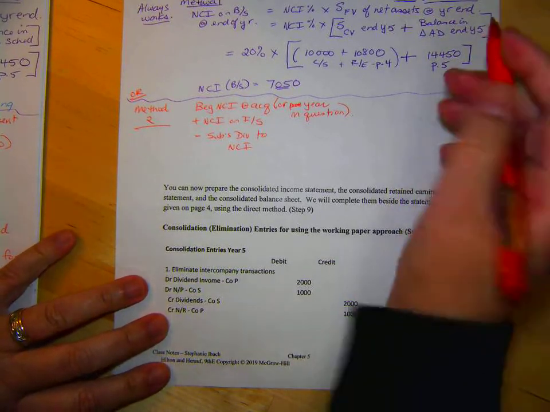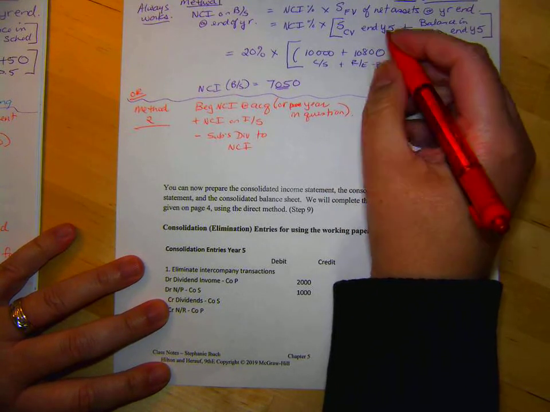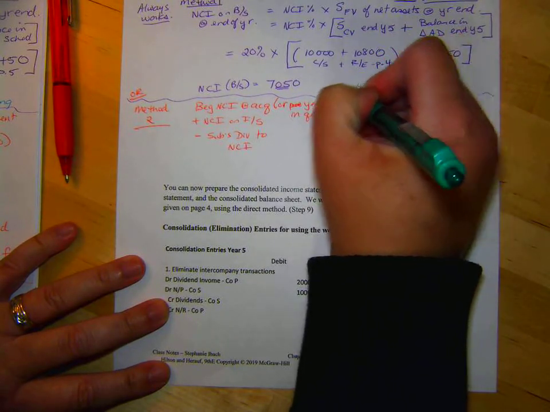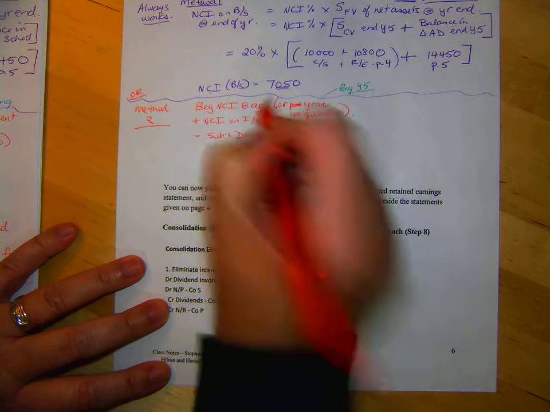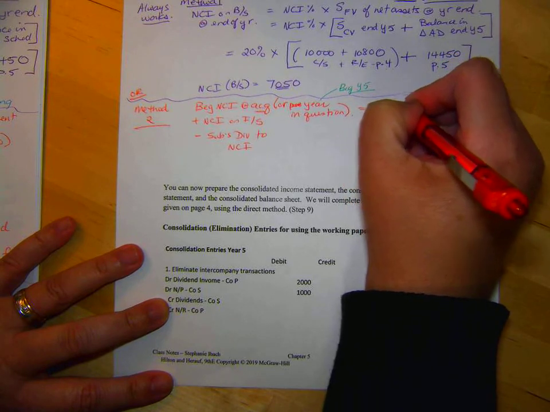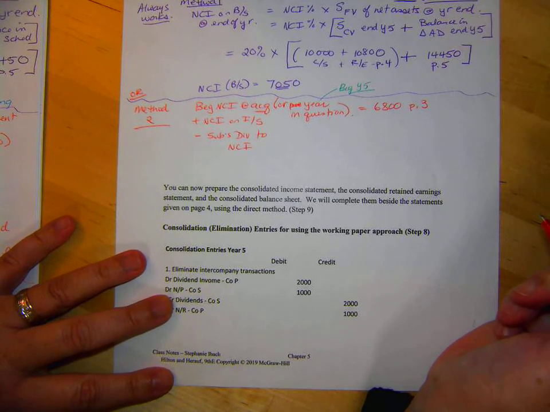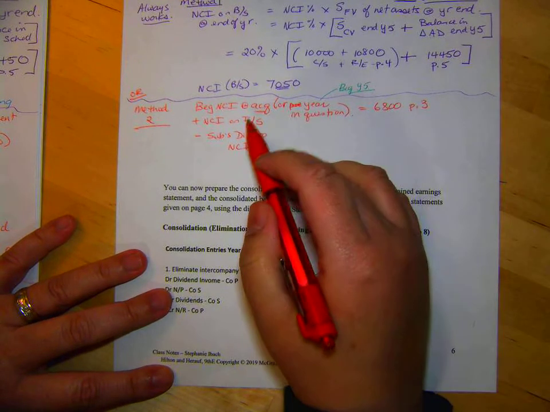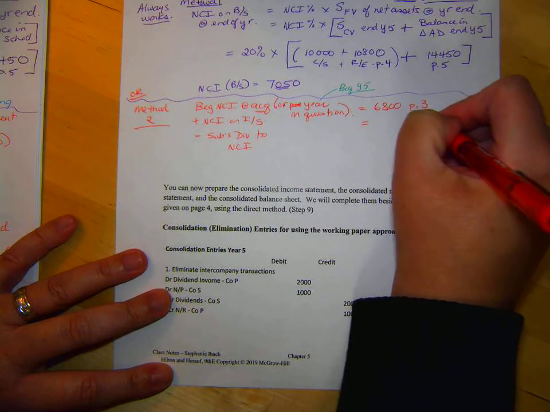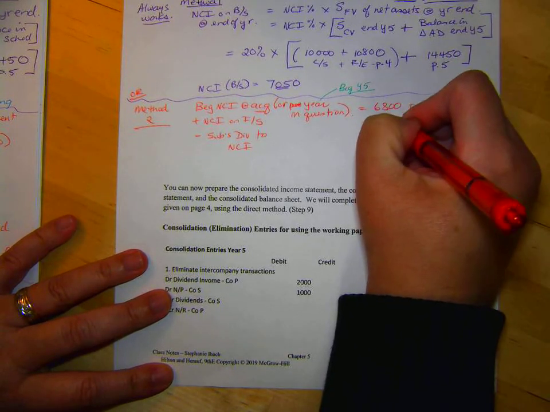Okay? So the big thing here is we want the beginning of year 5. Oh, I hope that didn't confuse you. In this year's acquisition. Okay, so on page 3, 6,800 is beginning NCI at acquisition. Then we add the NCI on the income statement that we calculated, which is on page 5, which is 750.